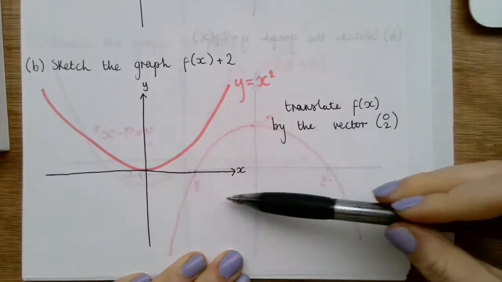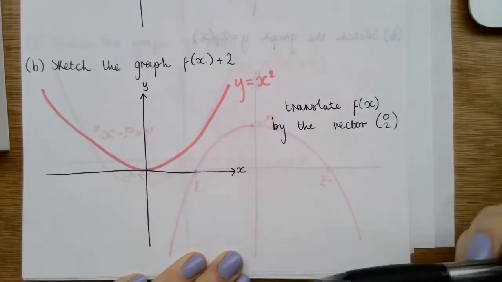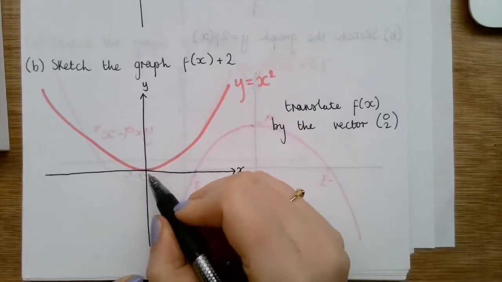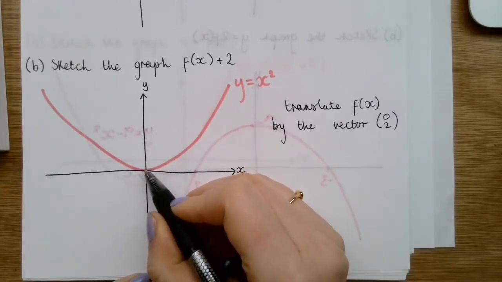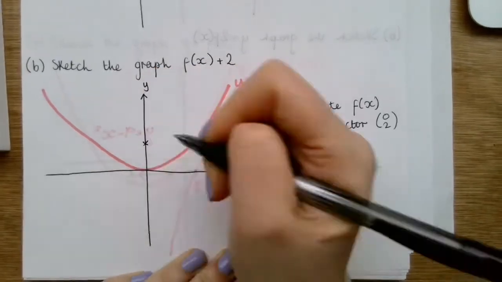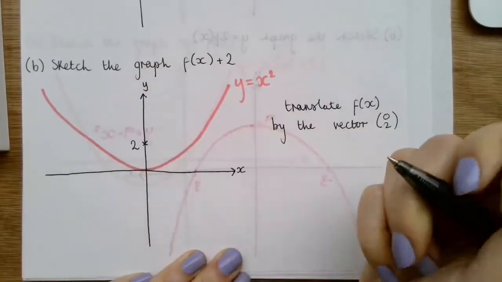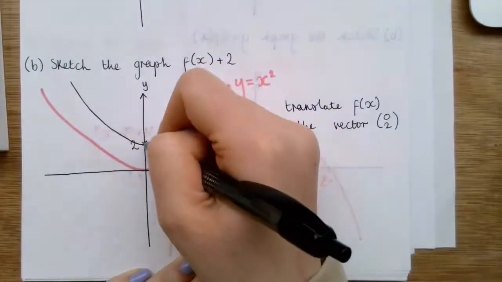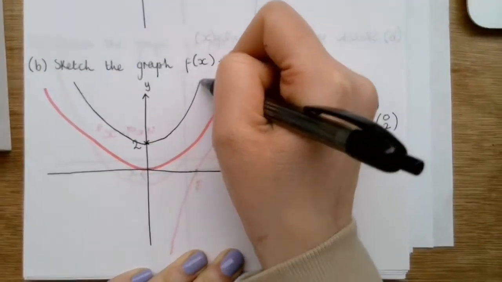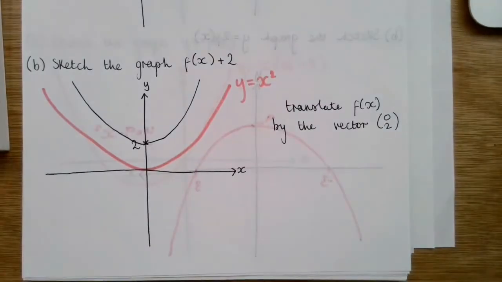So everything is going to move 2 in that upward direction. So that intersection point with the y-axis here at the origin is now going to be at 2, and everything is just going to move 2 spaces up. And that is the graph of y equals f(x) + 2.